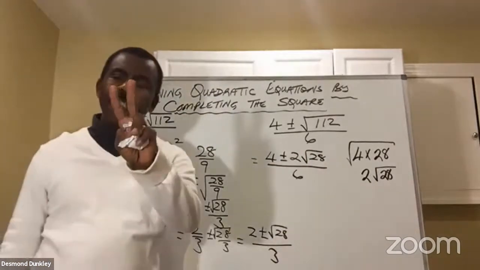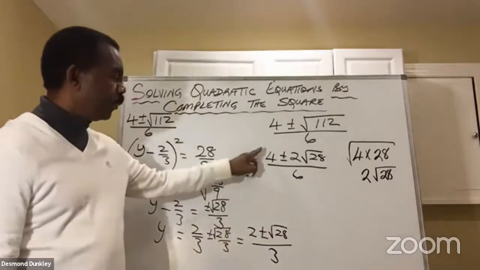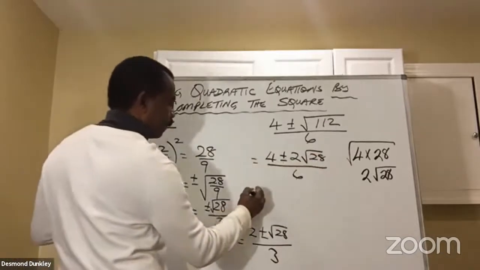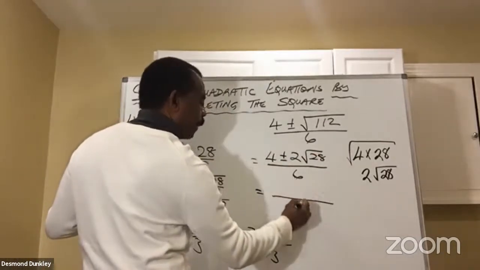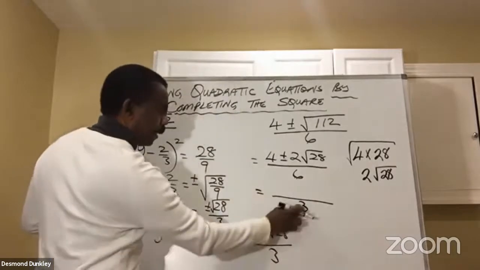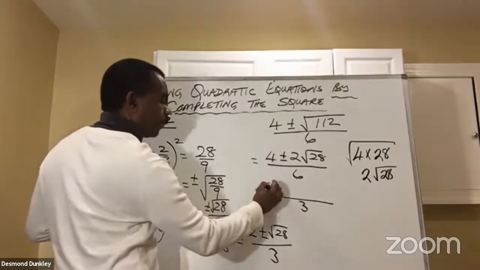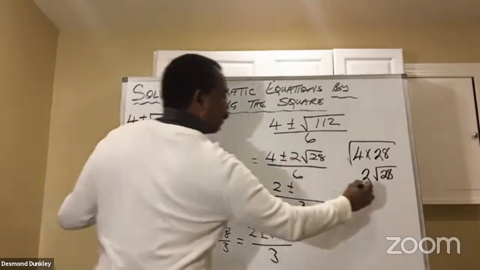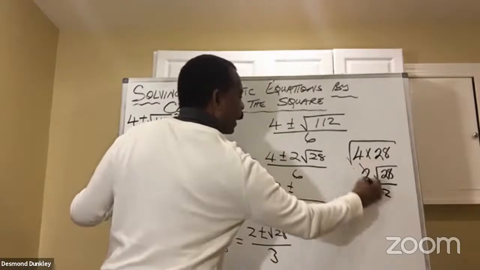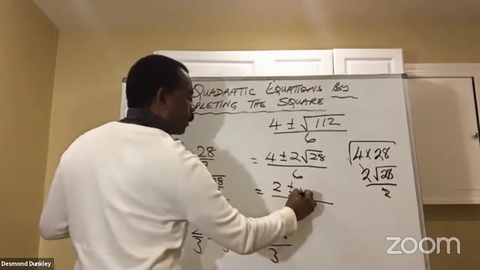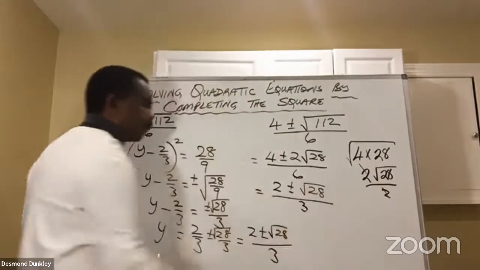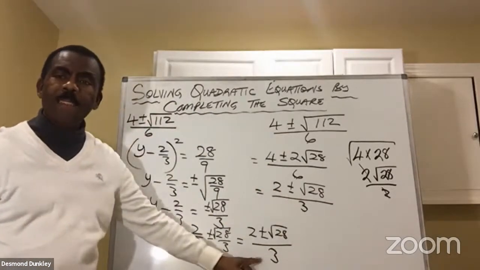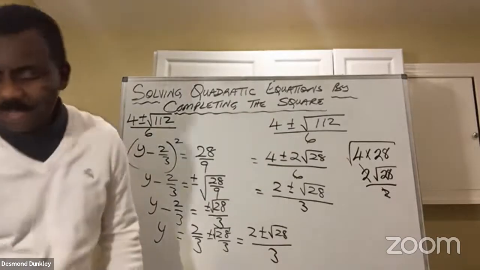And if I divide the top and the bottom by 2, what do we get? 6 divided by 2 is 3. 4 divided by 2 is 2. 2 root 28 divided by 2, they cancel. So we end up with just the root of 28. So you see that this is the same as this, which is the same as that. There it is.